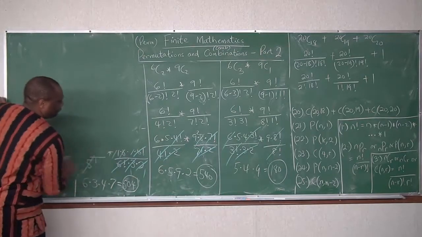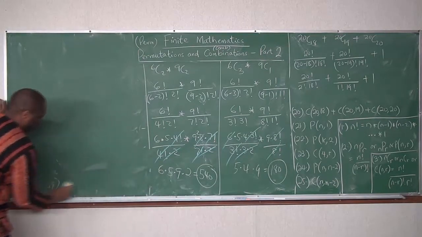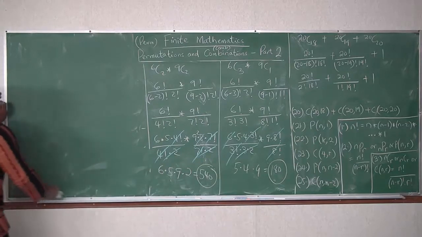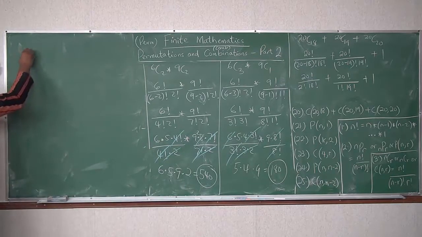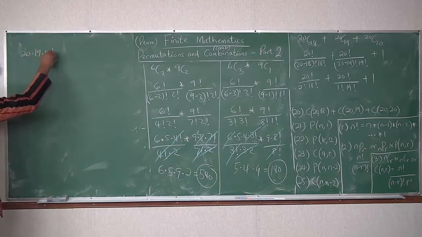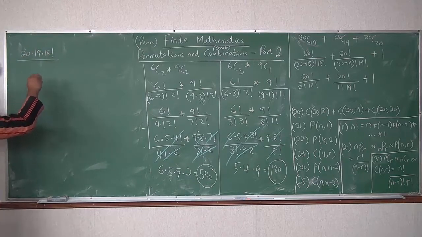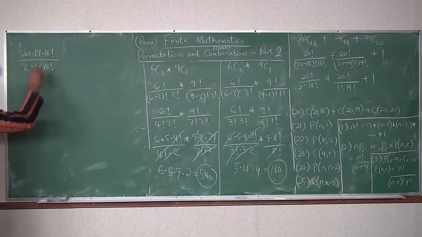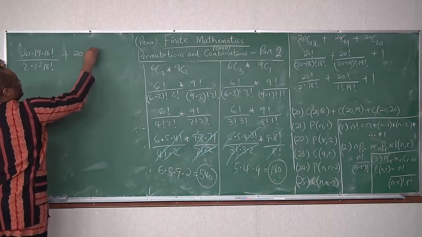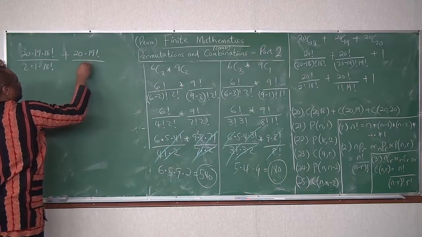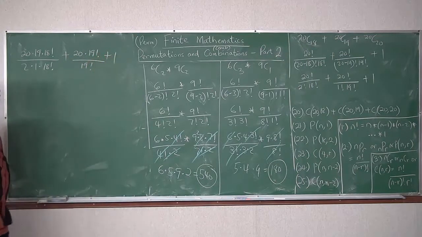If we finish it up, what do we have? We now have 20 times 19 times 18 factorial over 2 times 1 times 18 factorial plus 20 times 19 factorial over 19 factorial plus 1. Okay?